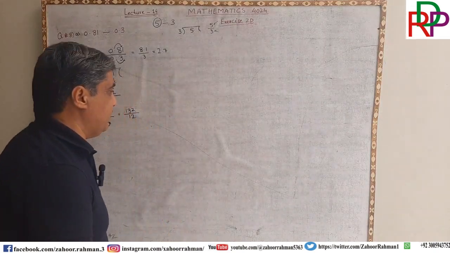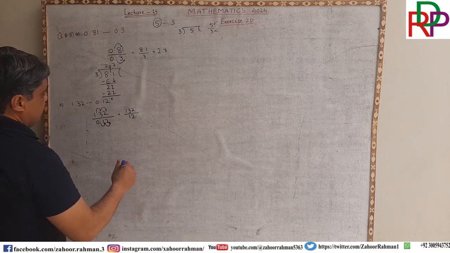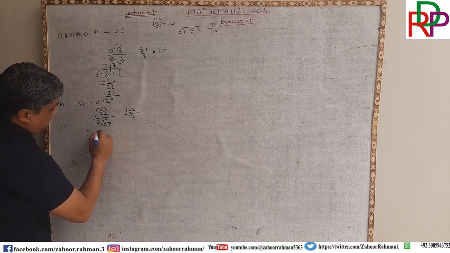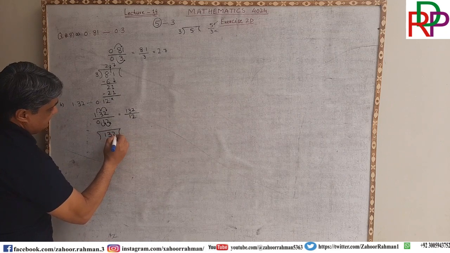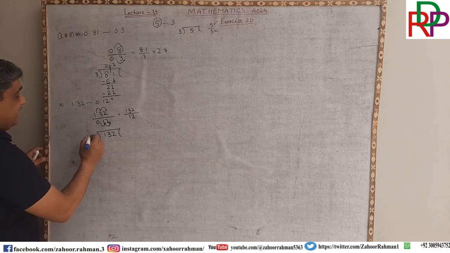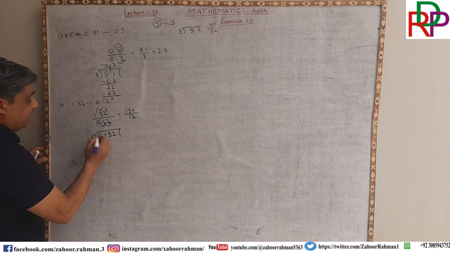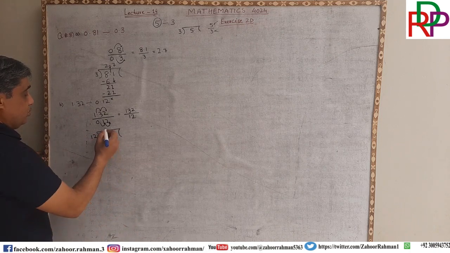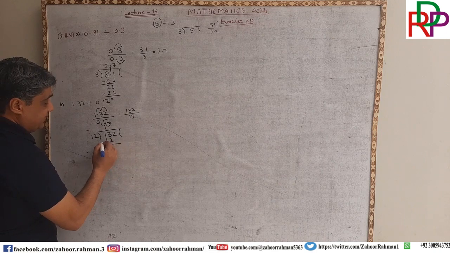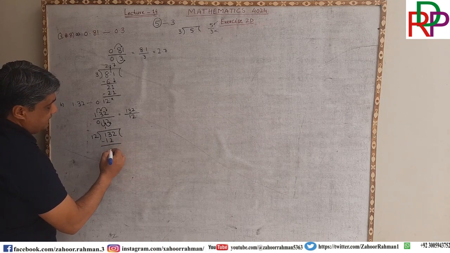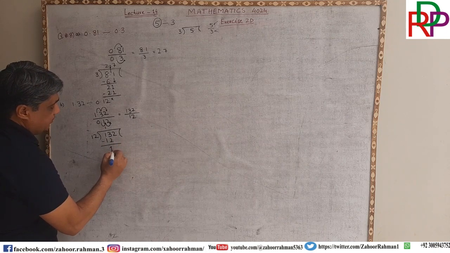132 divided by 12. Now I put the numerator, 132, inside, and we divide that by 12. 12 ones are 12, and when we subtract 12 from 13, it will yield 1.